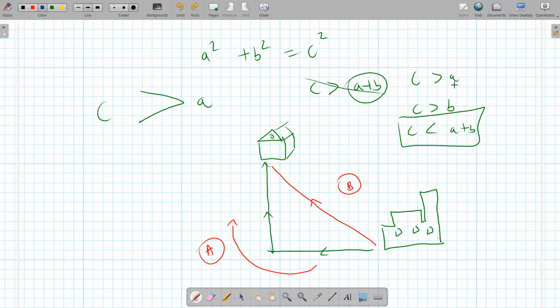Okay. So C is greater than A, C is greater than B, that's fine, but C is not greater than A plus B. So if A is 3, let's say B is 4, using Pythagoras theorem, what is C gonna be?